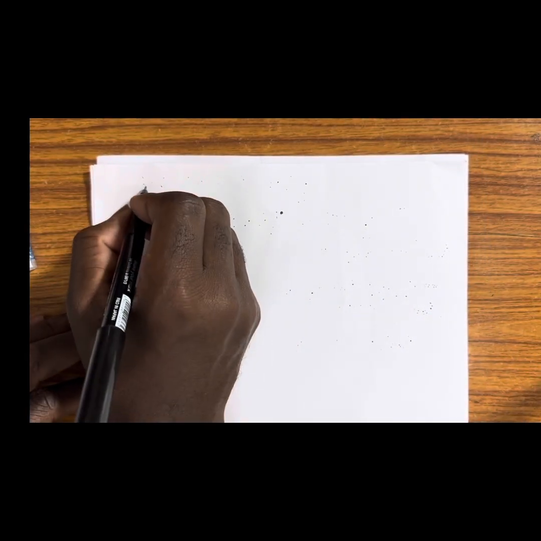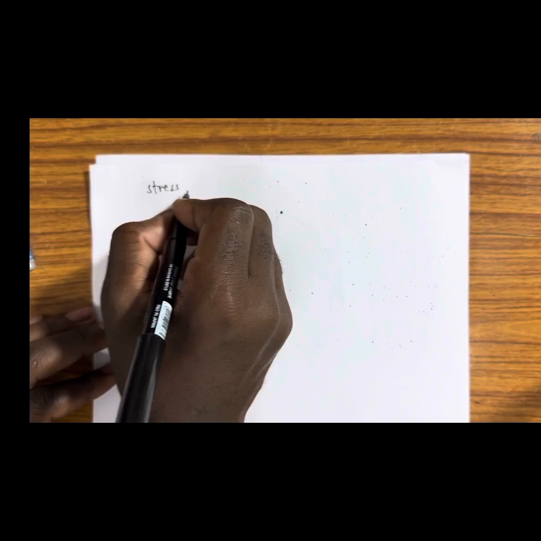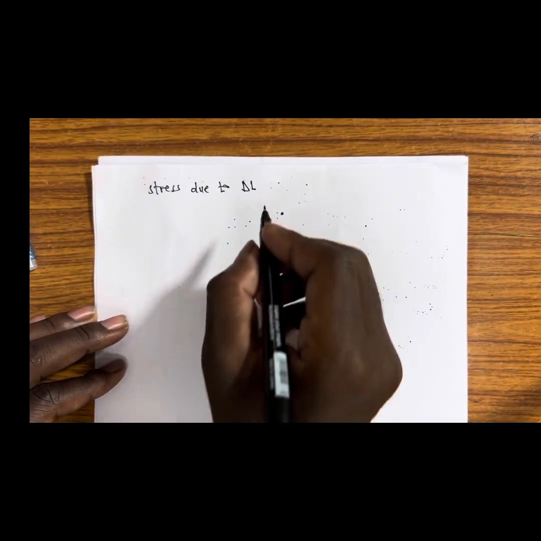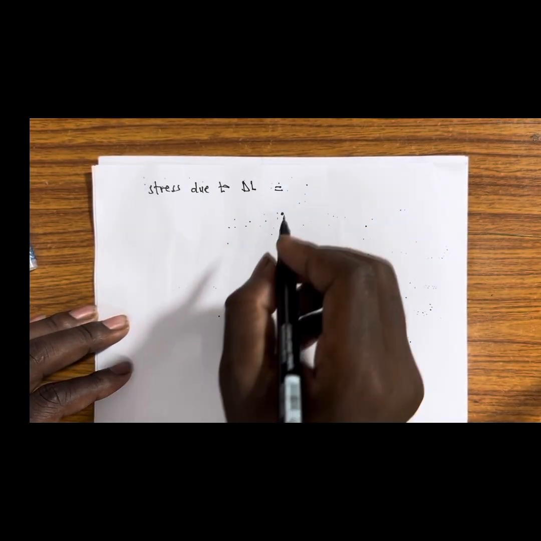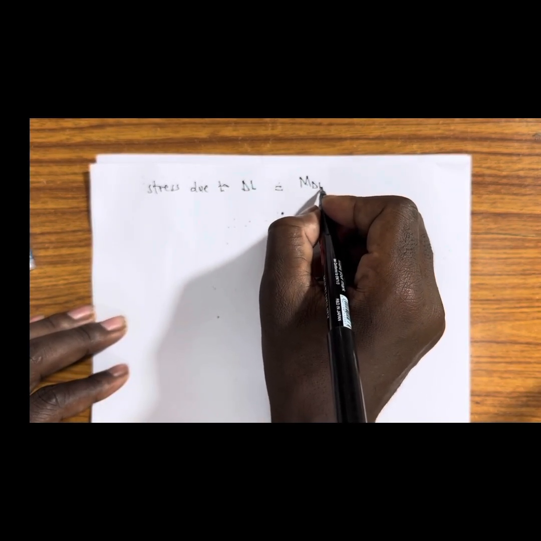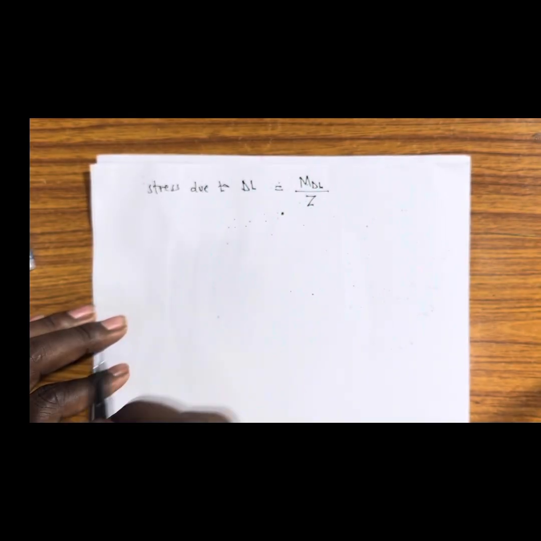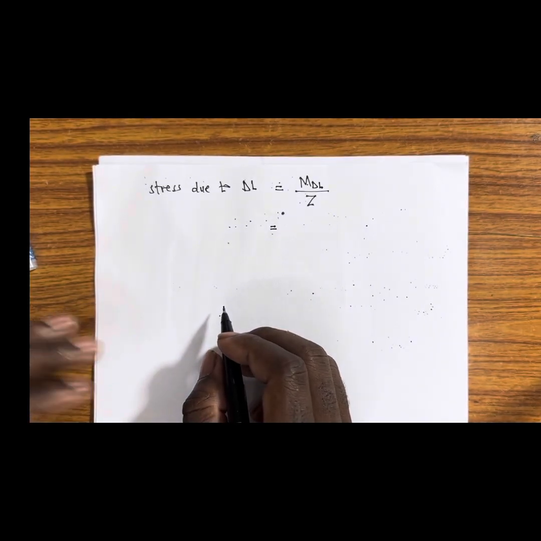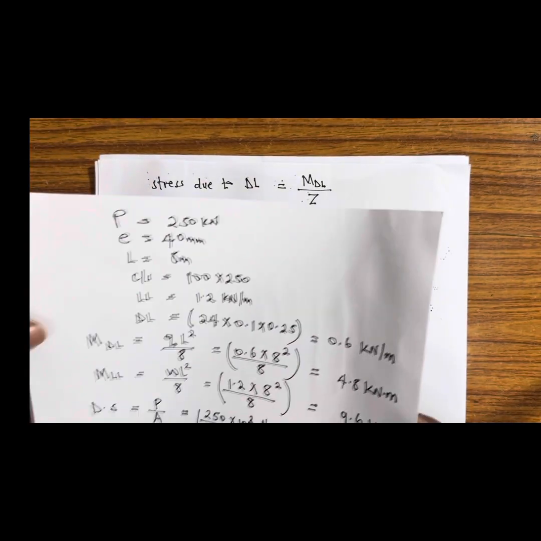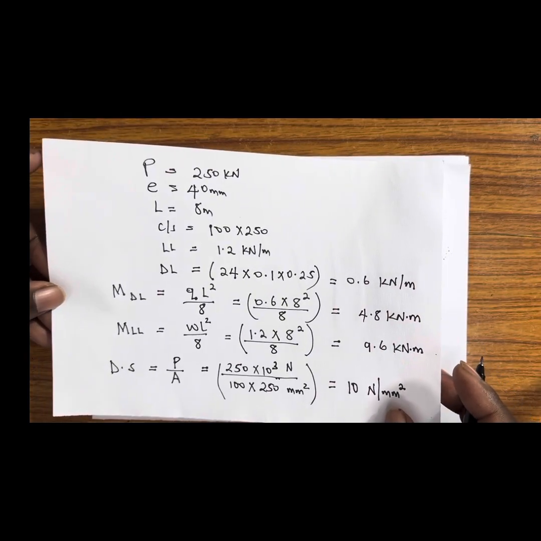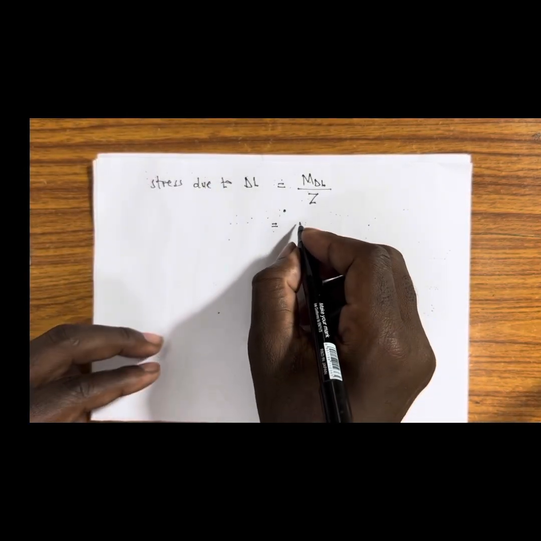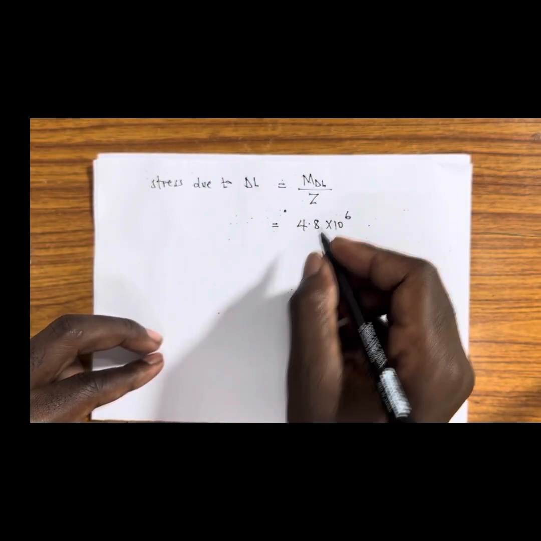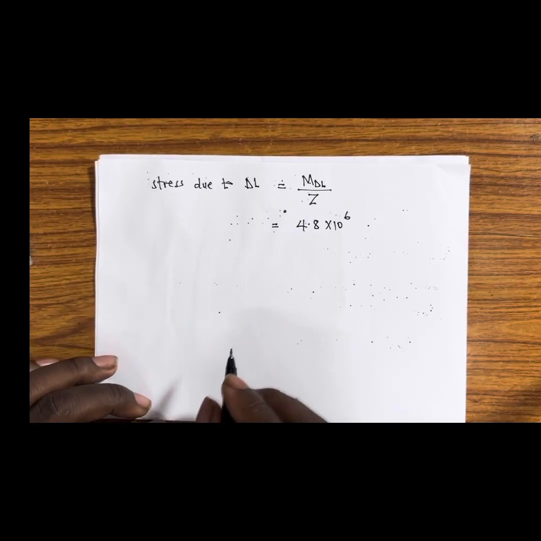Stress due to dead load is going to be equal to moment due to dead load divided by section modulus. Our value for moment due to dead load is 4.8 kilonewton meter. So this is 4.8 times 10 raised to the power 6 to convert it to Newton millimeter.